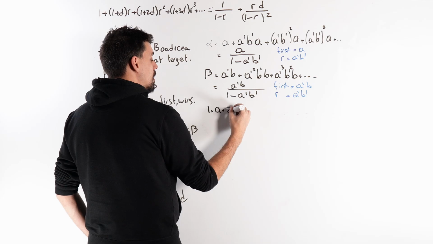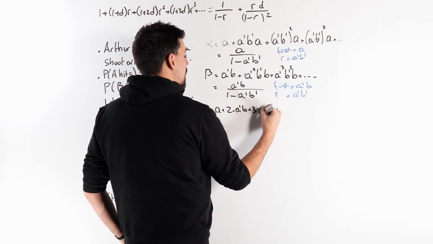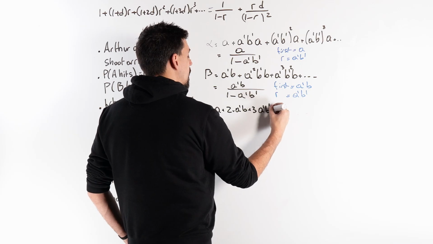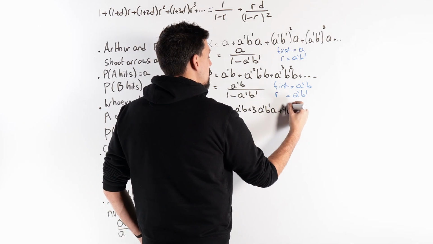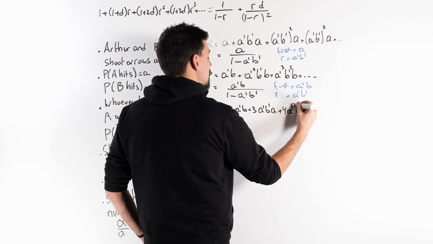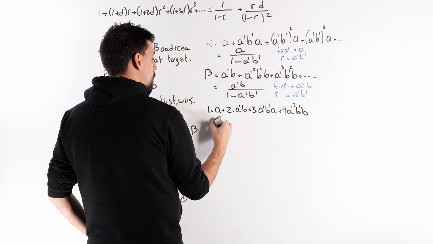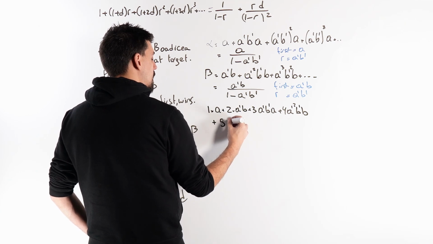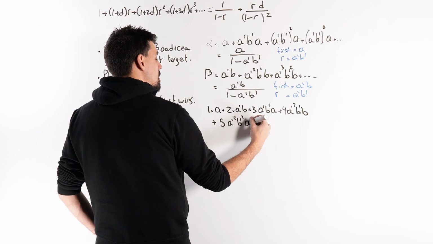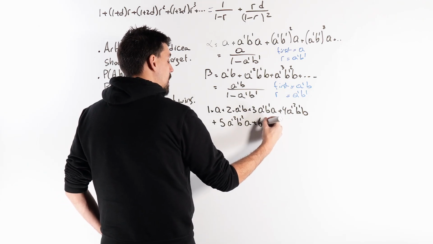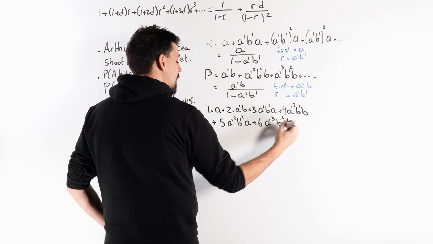Well, A misses, B hits. 3 would be they both miss, and then A hits. 4 would be A misses twice, B misses once, then B hits. I'll do a couple more. 5 would be 2 misses from A, 2 misses from B, then A hits again. 6 shots would be 3 misses from A, 2 misses from B, and then B hits.